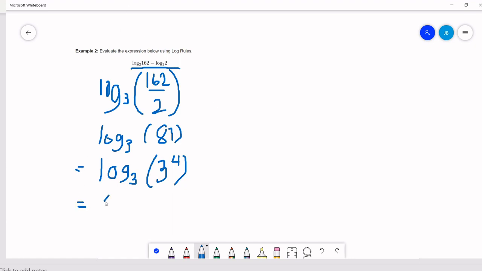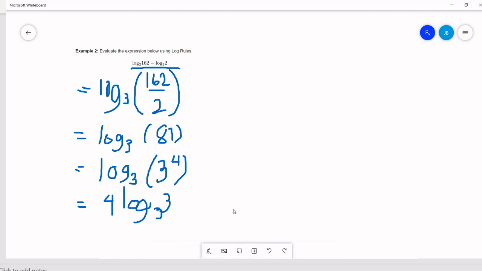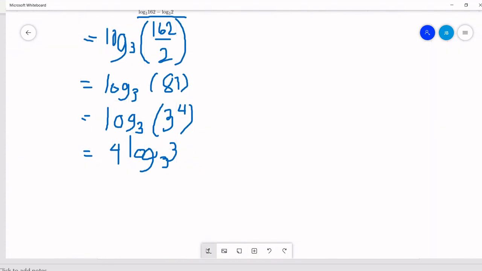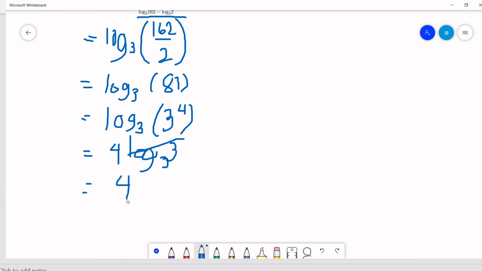So that would be equal to 4 log 3 of 3. Again, log 3 of 3 is an identity rule which is equivalent to 1, since the base and the number in the logarithm are the same. So this is equivalent to 4. Now this is your answer.